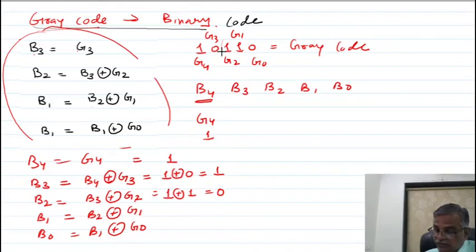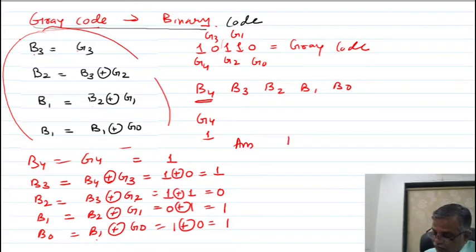B2 and G1. What is B2 I have written? It is 0. What is G1? G1 is 1. What is B0? B1 is 1. What is G0? It is 0. So it is 1. So the answer is 1 1 0 1 1.